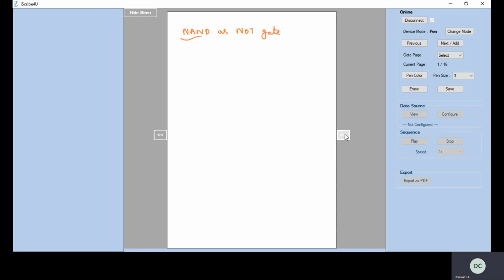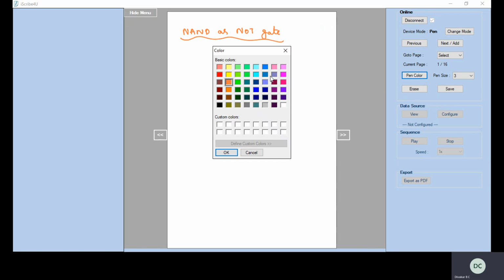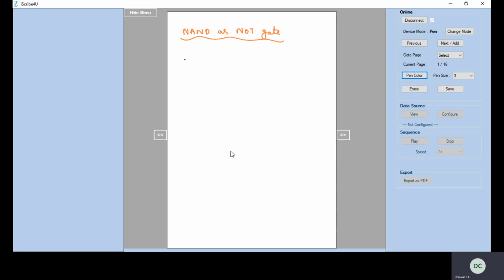Since the NOT gate has only one input and one output, and the NAND gate may have any number of inputs, only one output. So this is the logical symbol for NOT gate. So we are going to short both the terminals of the NAND. So A into A is A, since there is a bubble, it is A bar.